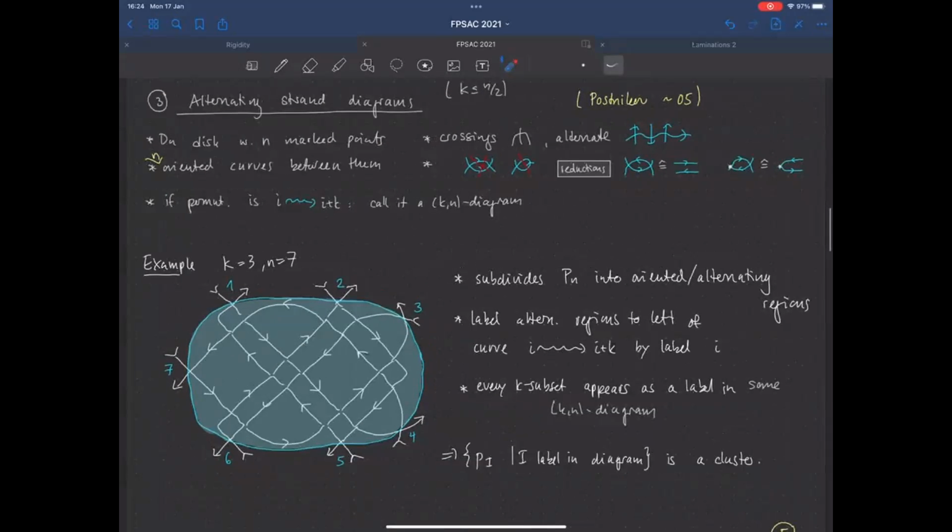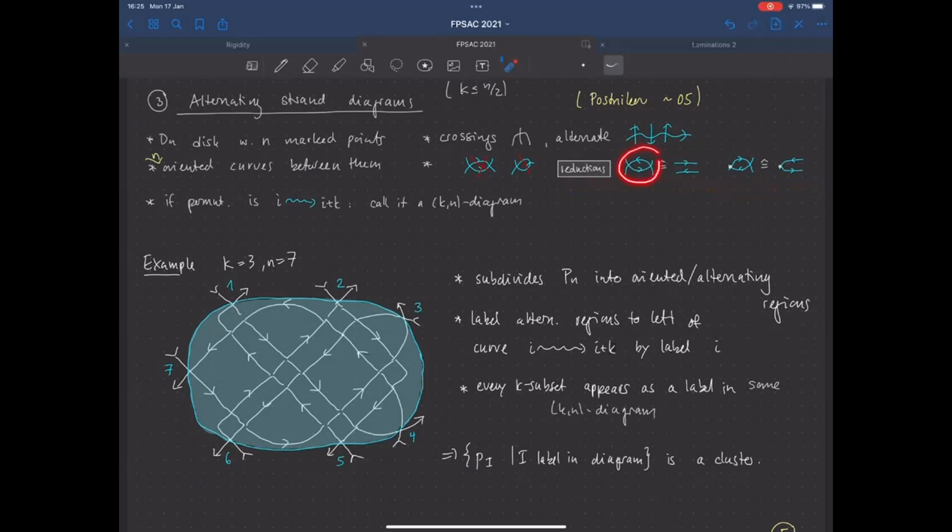There are forbidden subgraphs, so we don't want to have two parallel curves which intersect twice. And we never want to have self-intersections. And of course, this is all up to moving around a bit, so up to isotopy fixing endpoints. And then there are two reduction moves.